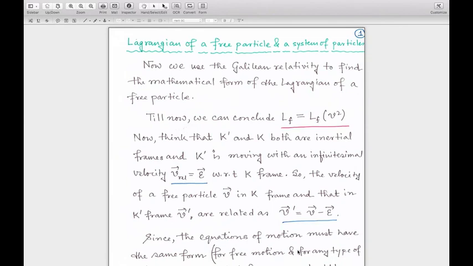We also said that the basic laws of mechanics should not change if we switch from one inertial frame to the other.